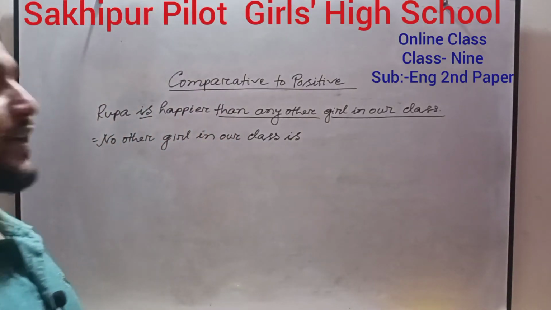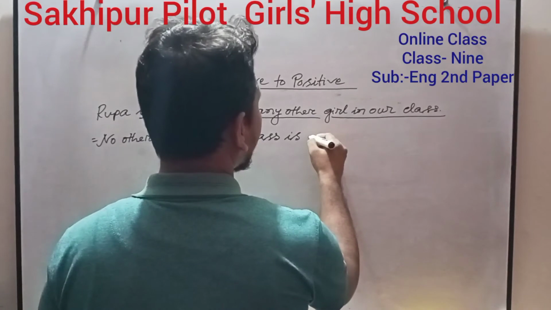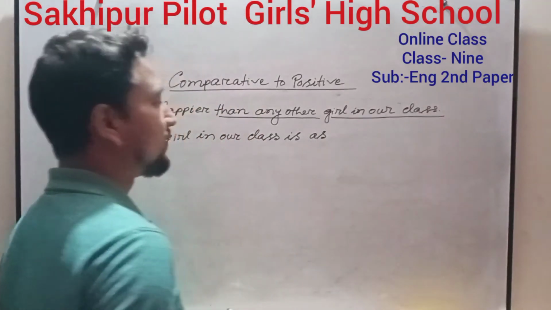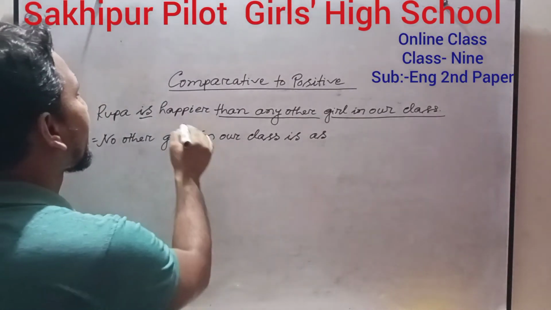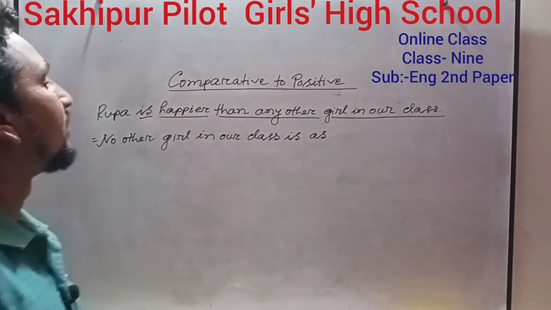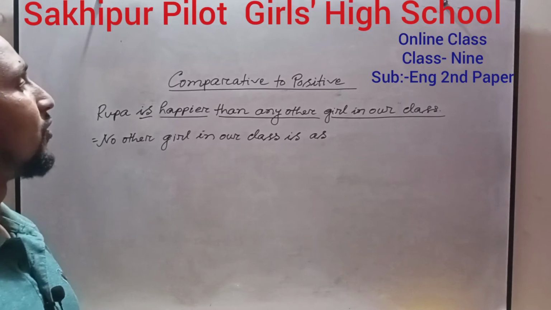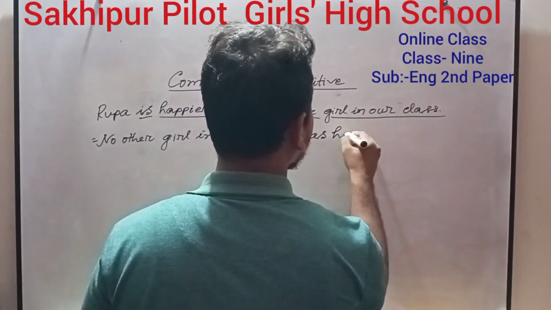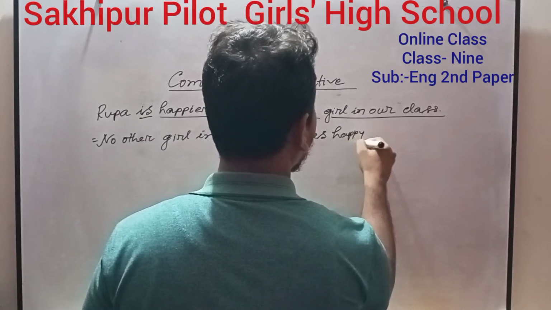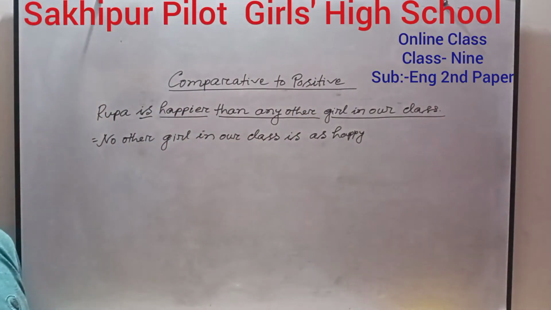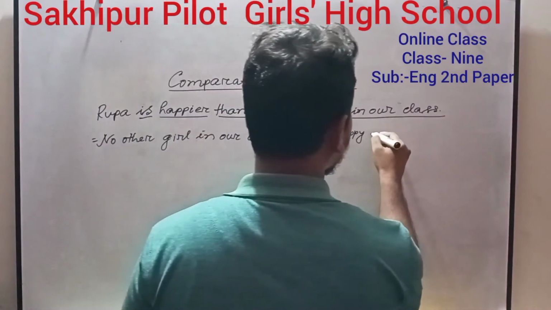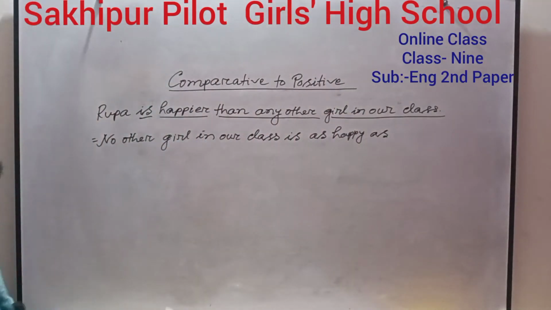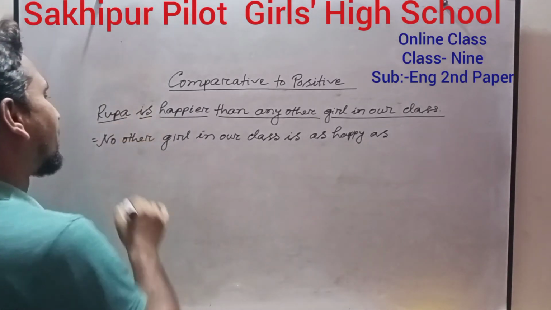After that you have to write the feature of positive degree, so or as. Then you have to change the adjective from comparative to positive form, happy. The positive form of happier is happy. Then you have to write another as, the feature of positive degree. Then you have to write the first noun or pronoun, Rupa.